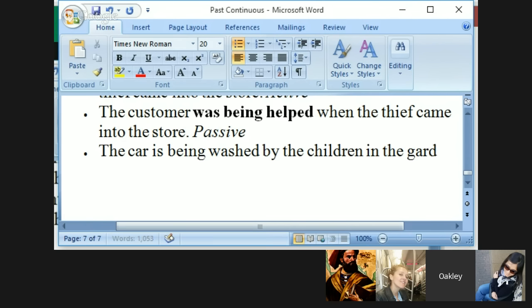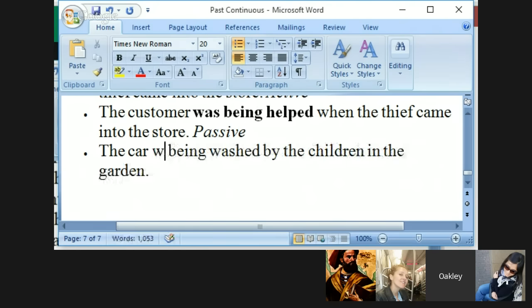Okay. Now, this is the present continuous passive. You want it in past.